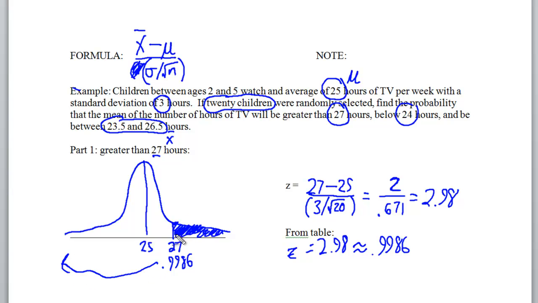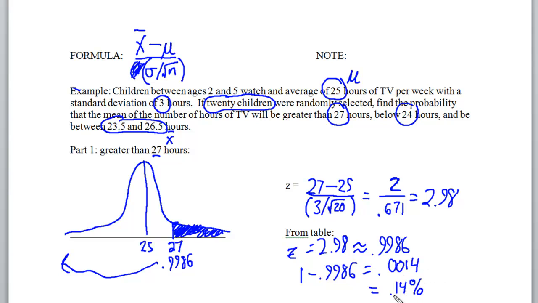So to find out how much, in the context of the problem, how many were greater than 27, we're going to go 1 minus 0.9986, which is 9,986 ten-thousandths, and we get a decimal of 0.0014, which is 14 ten-thousandths, so that's approximately 14 hundredths of a percent.